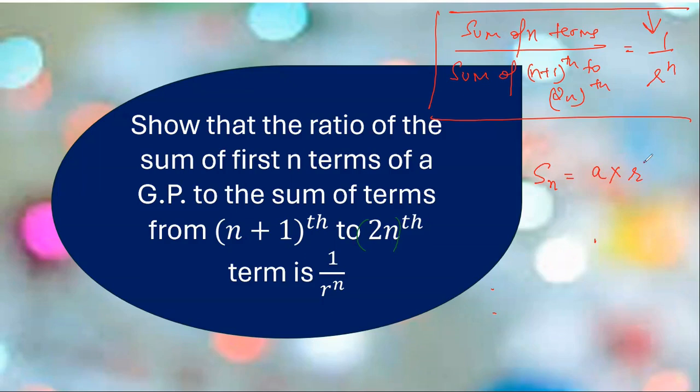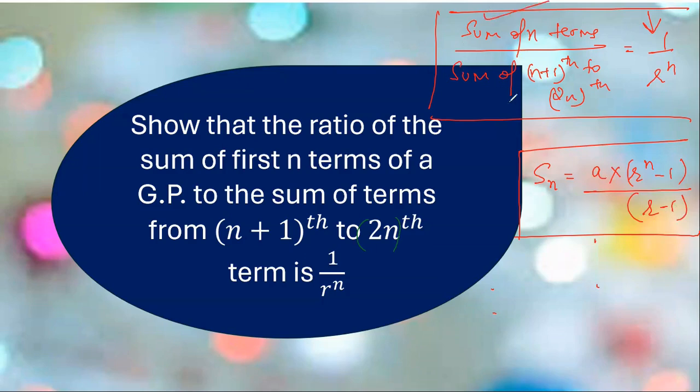This is the general formula to find the sum of n terms of a GP. Now we have the numerator through the formula.